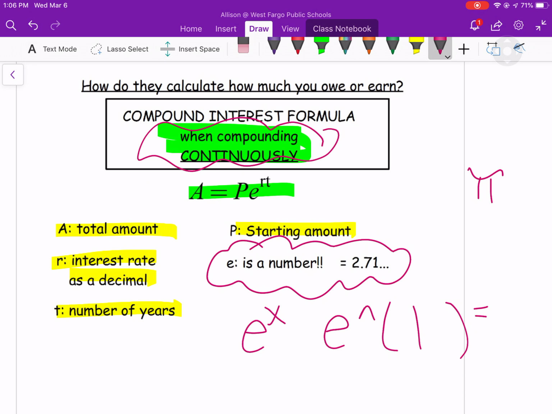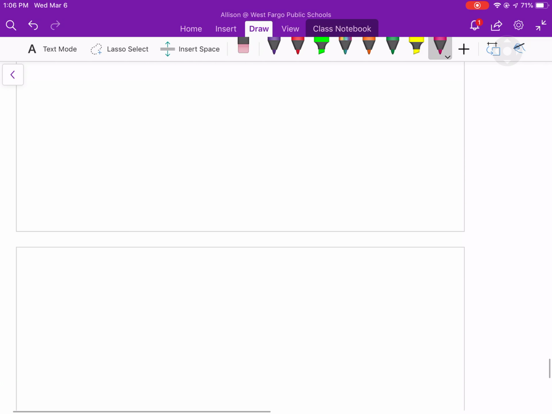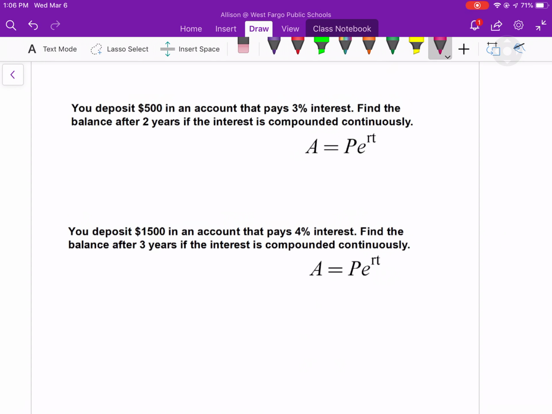So, when we read this, we were depositing $500. The account pays us 3% interest. We want the balance after 2 years. It's compounded continuously. Since it's continuously, that tells me I need to use PERT, which is P times E to the power of RT.